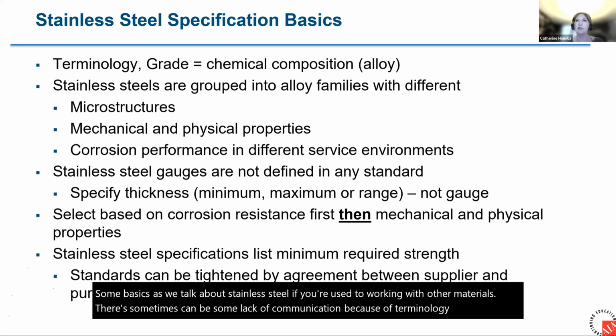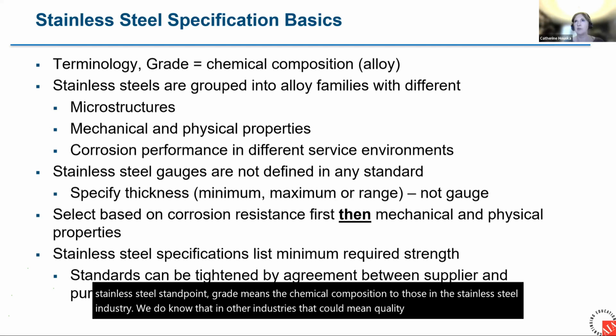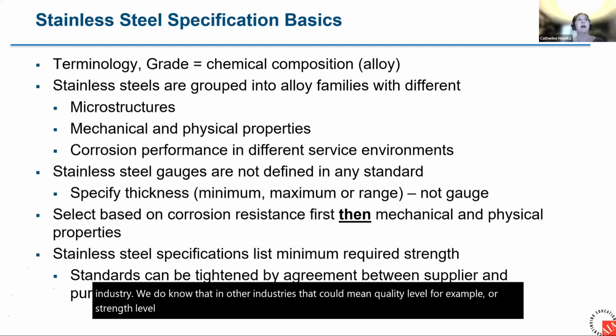From a stainless steel standpoint, grade means the chemical composition to those in the stainless steel industry. We do know that in other industries that could mean quality level, for example, or strength level. But it is generally meant to mean alloy if we're talking to a stainless steel producer or service center.